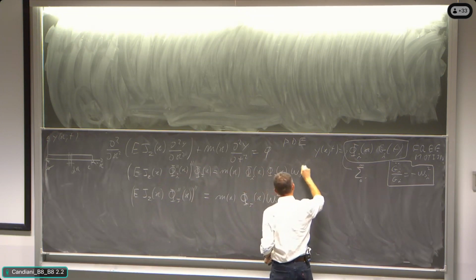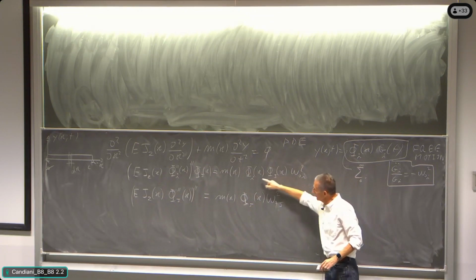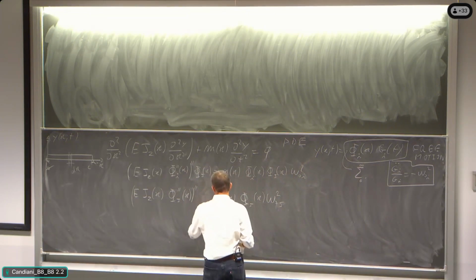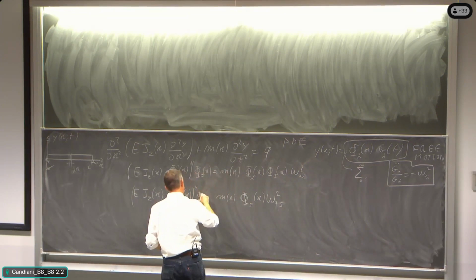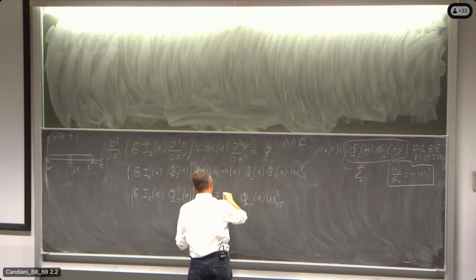But be careful, it was omega 0i squared here, all right? Because we were starting with i. Here we do exactly the same, and here we multiply by phi i, function of x, equal.